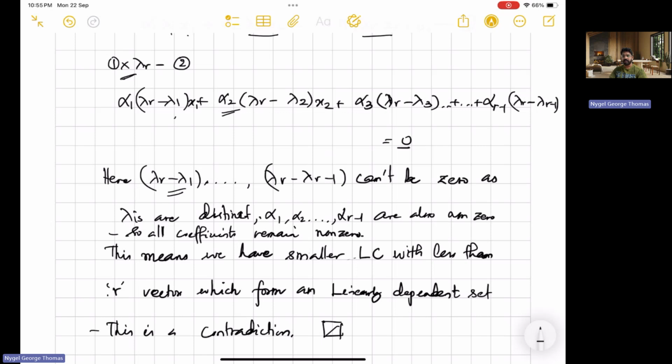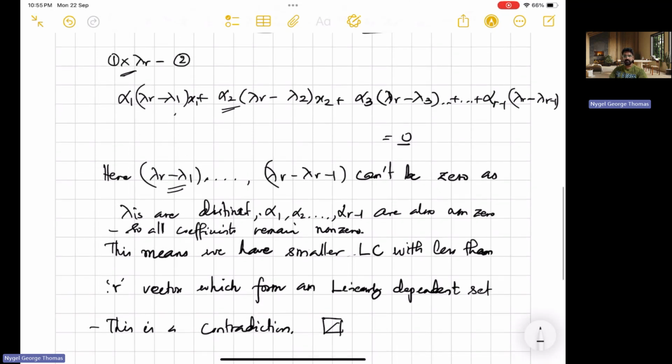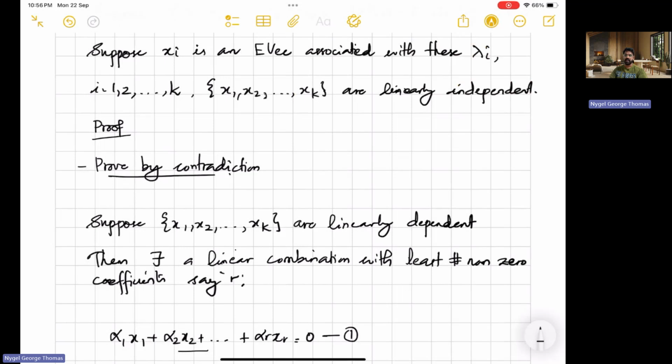But we already assumed that r is the least number of coefficients for representing a linearly dependent set. So this is a contradiction. This can't be true. The assumption that these vectors are linearly dependent is wrong, so they are linearly independent. That ends the proof.